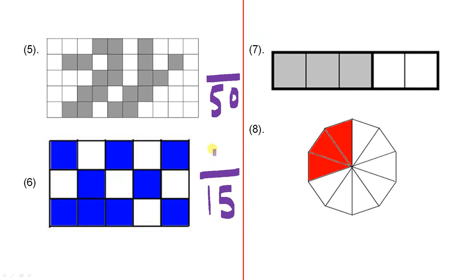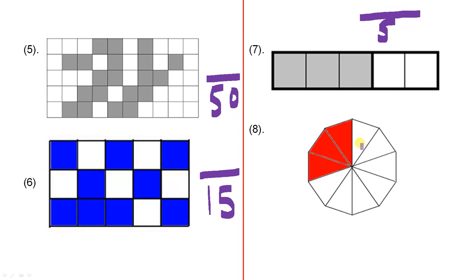Similar thing, shaded over 15. Find an equivalent fraction to this one where the denominator is 100. Here we have 5 squares, shaded over 5. Find the equivalent fraction.